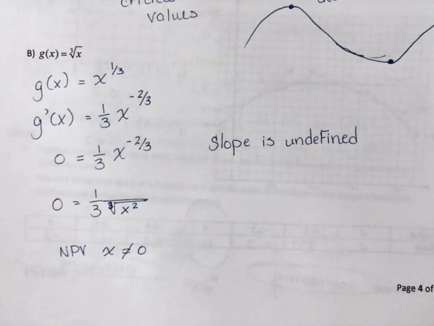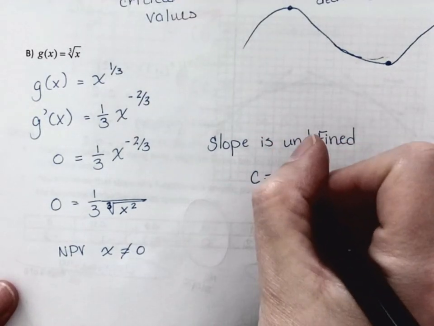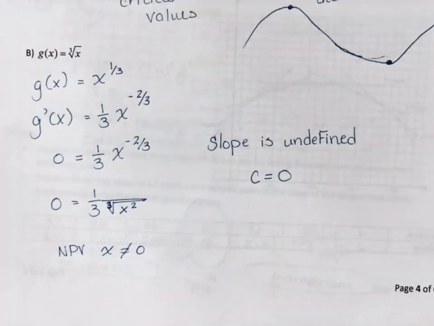Would everybody agree with that? We get that error on our calculator. We've done this a million times with trig graphs, so we know the slope's undefined. So we can safely say that the critical value in this case is 0. I like it much better when it's equal to 0 and I can solve it out.